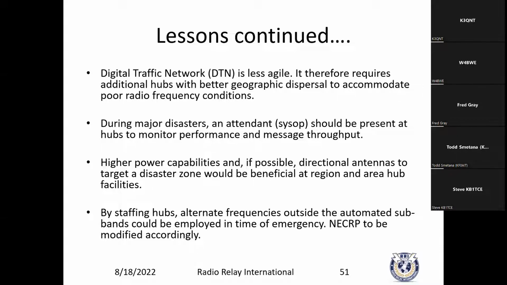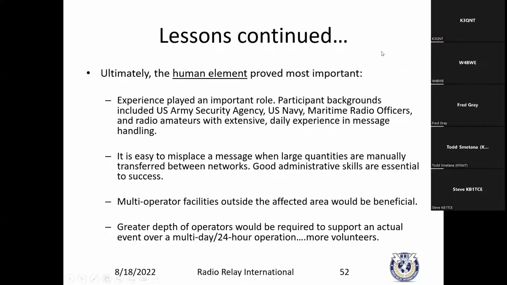We need to have the ability, if possible, to target disaster areas with a directional antenna, maybe an amplifier, and reconfigure the network slightly, or just have more hub diversity. Instead of one hub serving a region, we might need 3 or 4, and a few at the state level. So we need to look at our plans to deal with that. That was an important lesson learned.